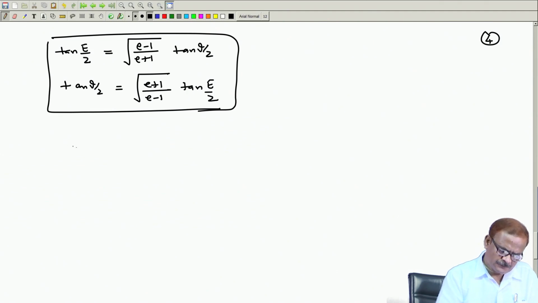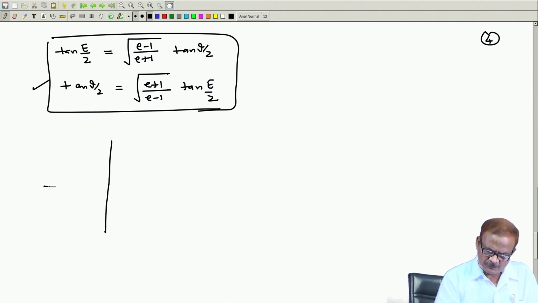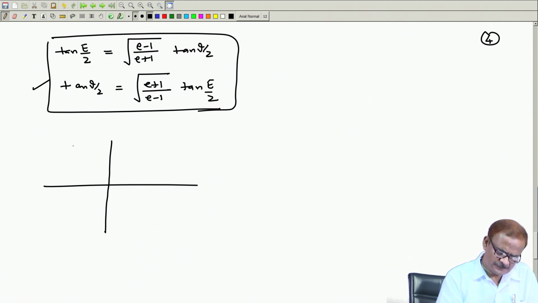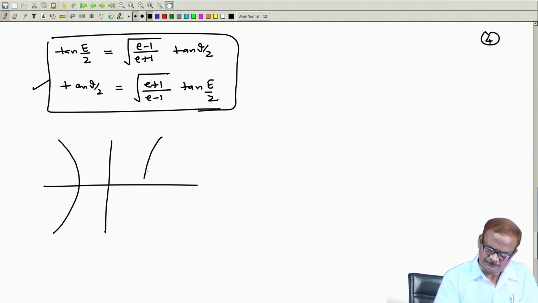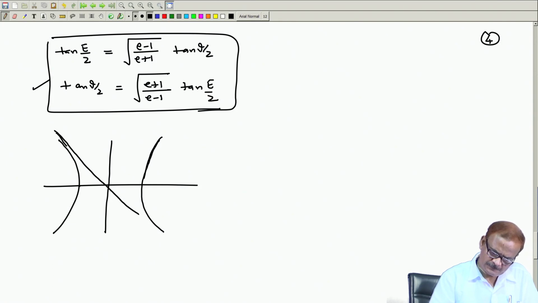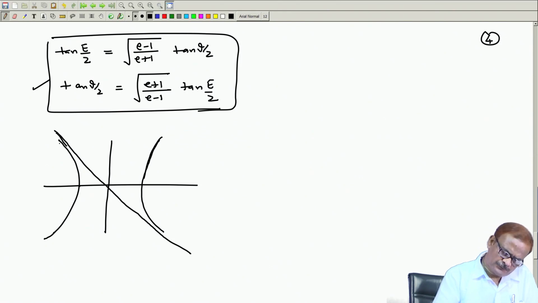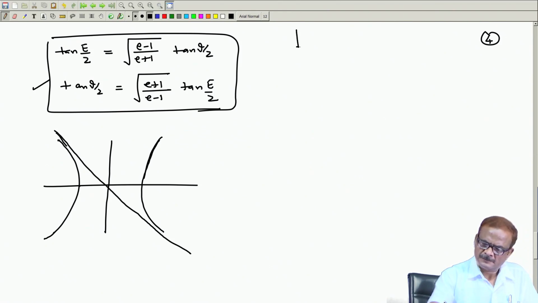Okay, now let us look into the properties of the hyperbola. We have to get these equations. Already we have drawn this earlier. The asymptote is here. An asymptote is the line to which, say, an exponential function converges.